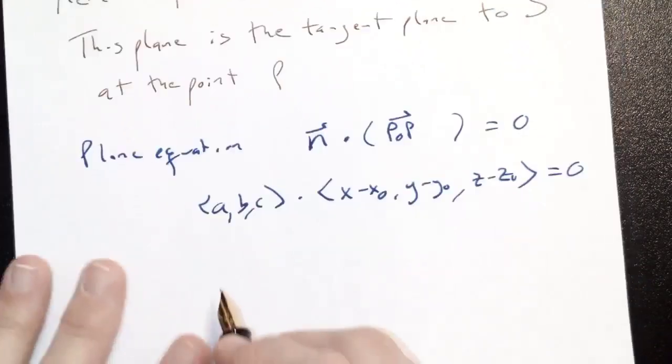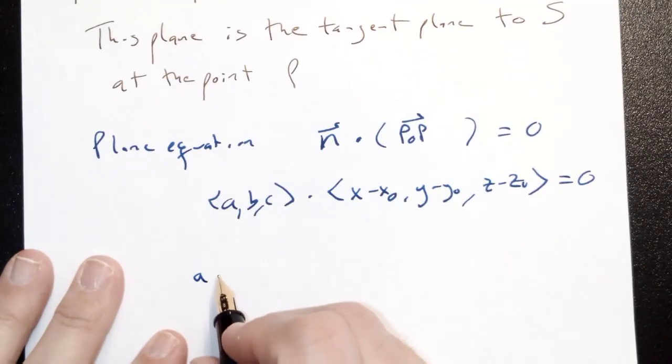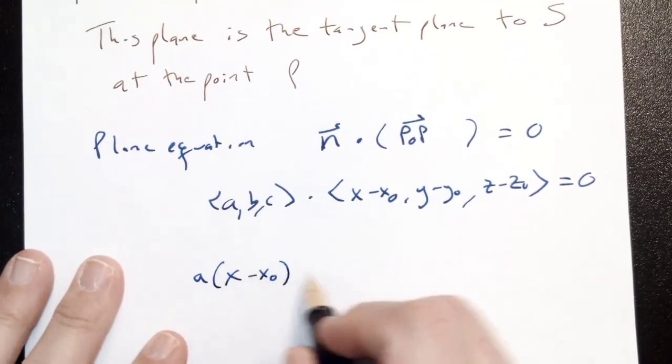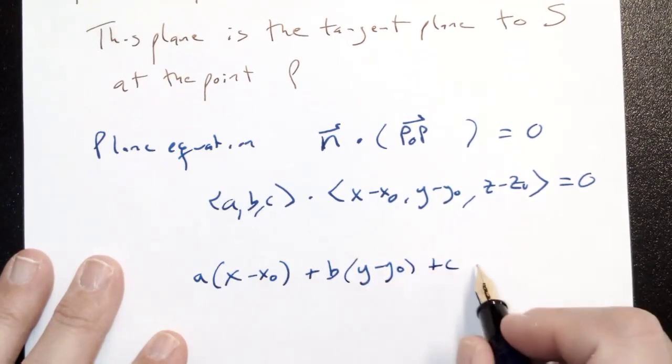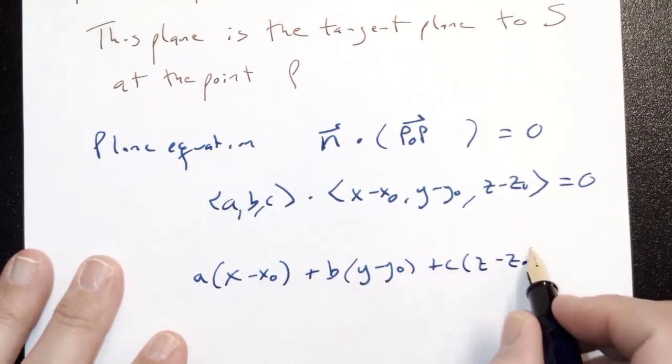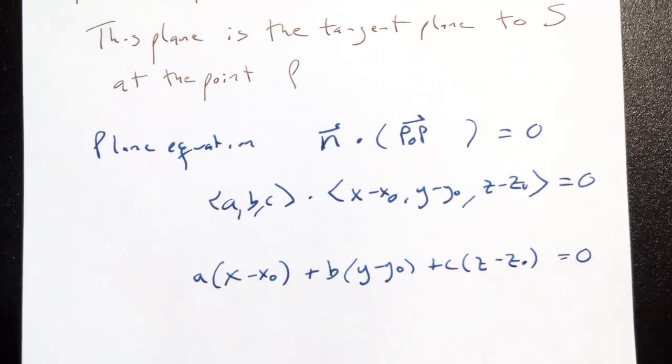Oh, wait a minute. That's A(X minus X0) plus B(Y minus Y0) plus C(Z minus Z0). Right? That's the equation of a plane, where ABC is my normal vector.